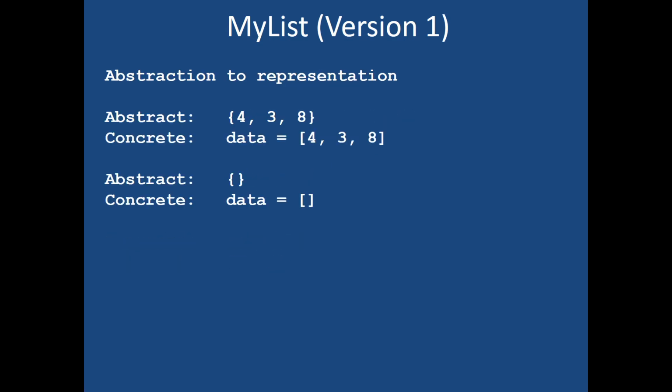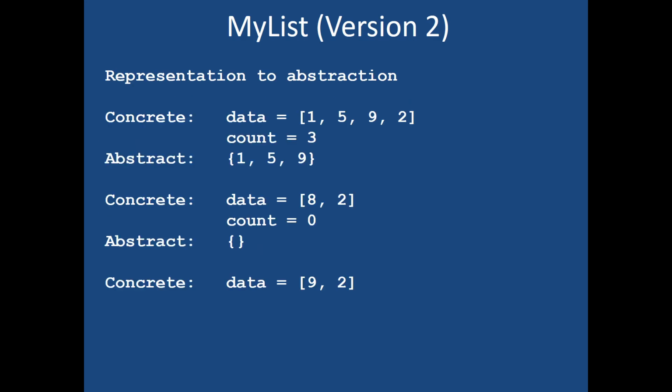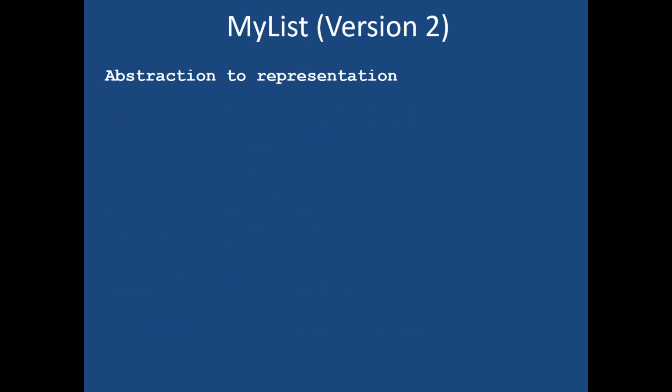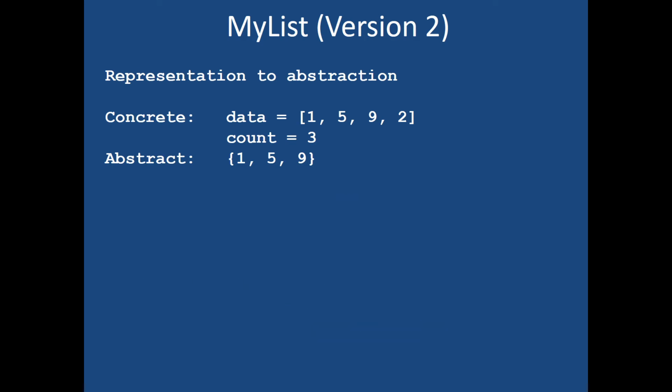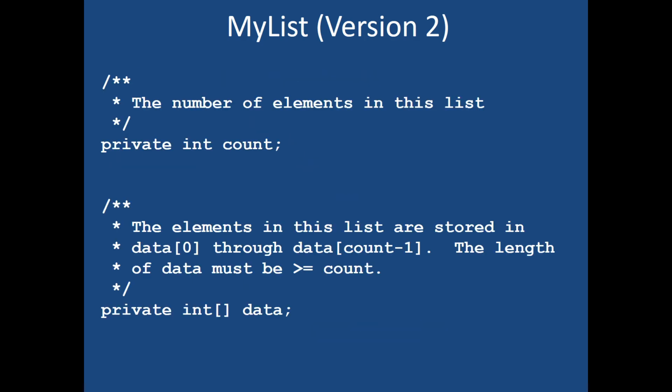But in this new version, we're going to keep count, which is going to be the number of elements in the list, because the length of the list is not the same as the length of the array. Then we still have an array called data, but it's serving a different role.